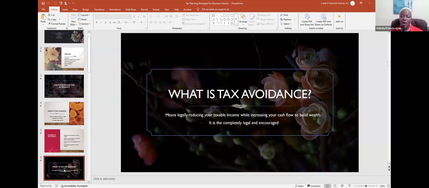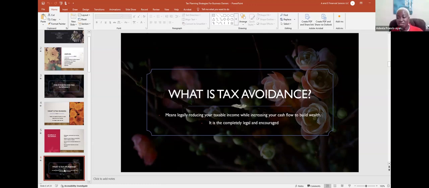So now, what is the proper, legal way to do this? It is called tax avoidance. Tax avoidance is a legal way for you to reduce your taxable income while increasing your cash flow to build wealth. It is completely legal and it is encouraged even by the Internal Revenue Service.